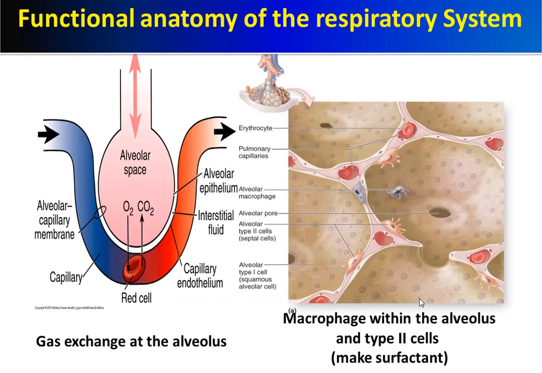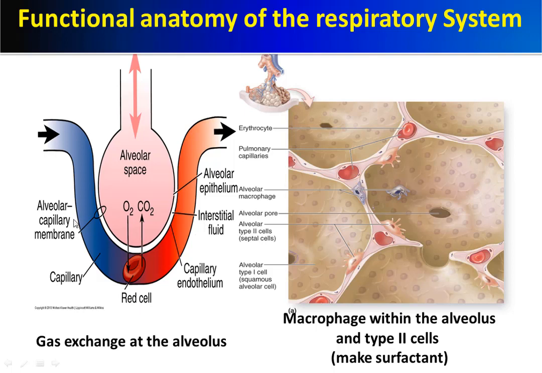So these are the alveoli, these are the walls of the alveoli, as you can see. These are the pulmonary capillaries surrounding the alveoli. These are the pneumocytes which line the alveoli, and these are the macrophages within the alveoli.